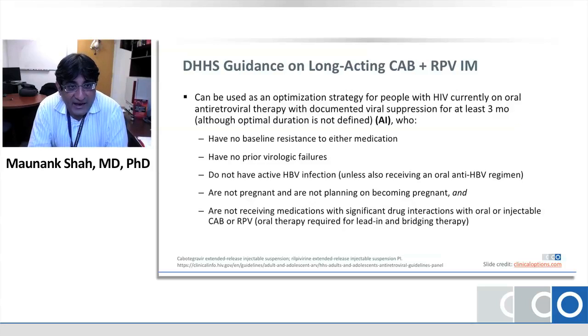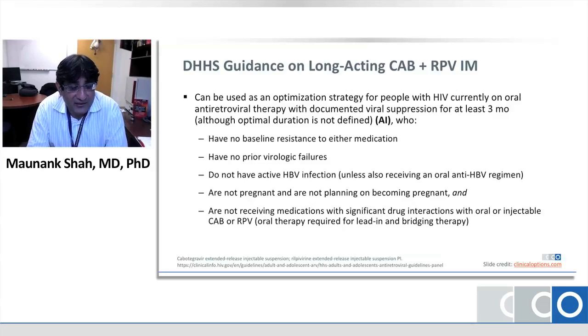The DHHS guidance has recently been updated to include long-acting cabotegravir and rilpivirine as an optimization strategy for people with HIV who are currently on oral antiretroviral therapy with documented viral suppression for at least 3 months. The recommendations have a number of additional considerations that are actually factored into the tool's outputs as well.